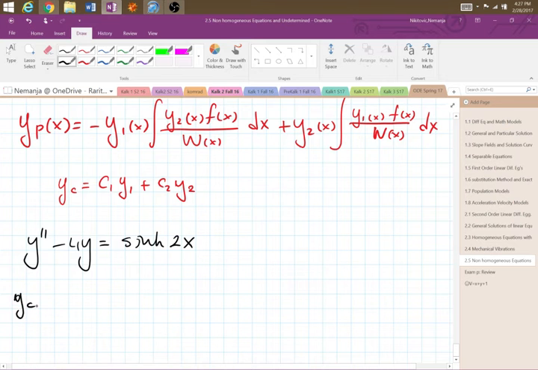So we have our y complementary calculation first, and that calculation deals with the characteristic equation r squared minus 4 equals 0.